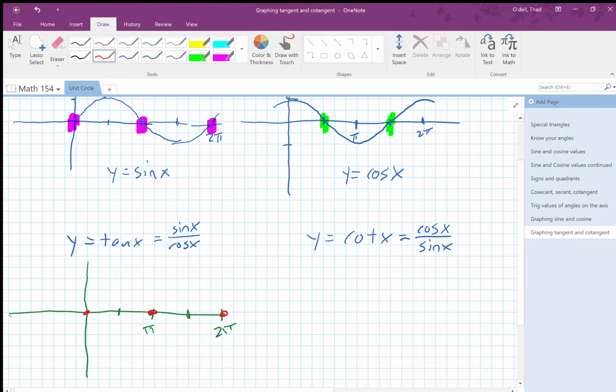And everywhere you see this highlighted green up above in cosine, we know that tangent is undefined. Now when a function is undefined, that means there's a hole or an asymptote usually. In this case, it's an asymptote. So I'm going to draw these asymptotic lines in here.